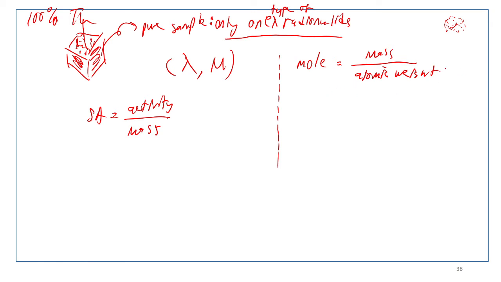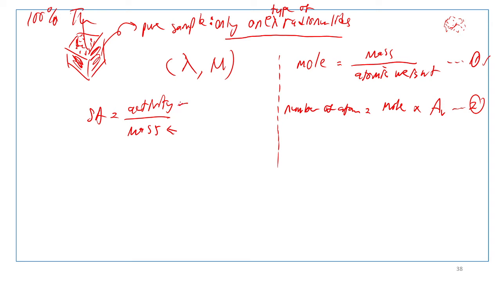So this is equation 1. And then, as we all know, number of atoms equals mole multiplied by the Avogadro constant. Let's say this is equation number 2. So the mass in the denominator can be deduced from equation 1.